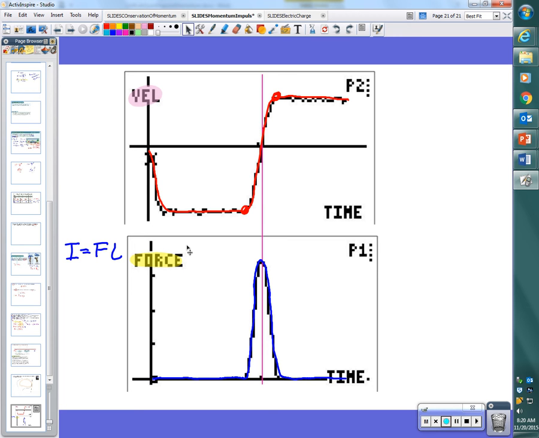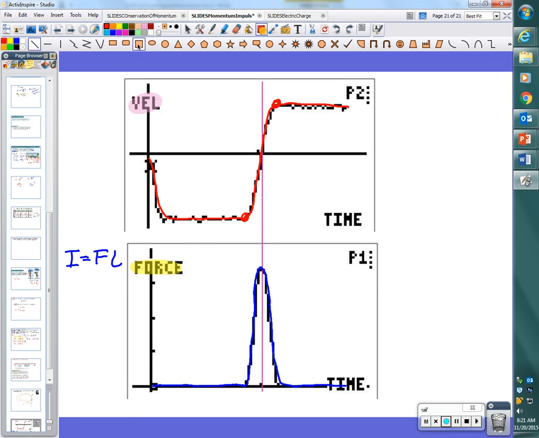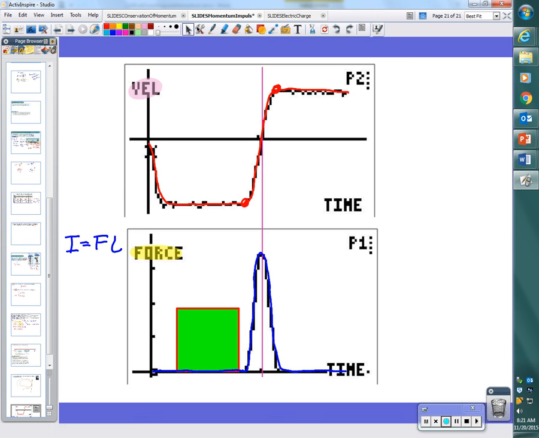A lot of times that area represents something. For example, on this graph, if we made a square that looked like this, actually I should actually make a shape. So let's say we made that graph just like that.